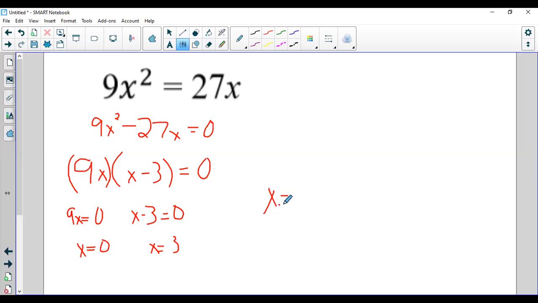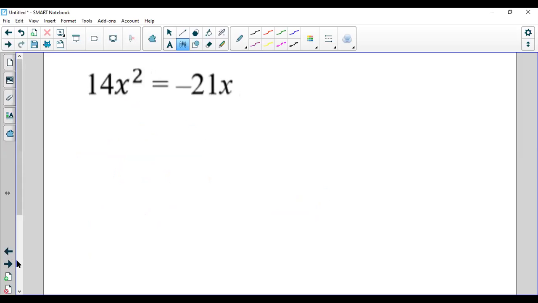So the final answer is x is equal to 0 or 3. Notice I keep getting two answers. I kind of relate to the fact that the highest exponent here, the highest degree, is the second power. Won't always be the case, but that's kind of a common way to figure out.